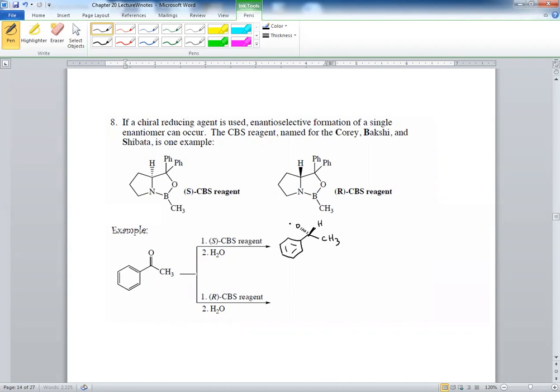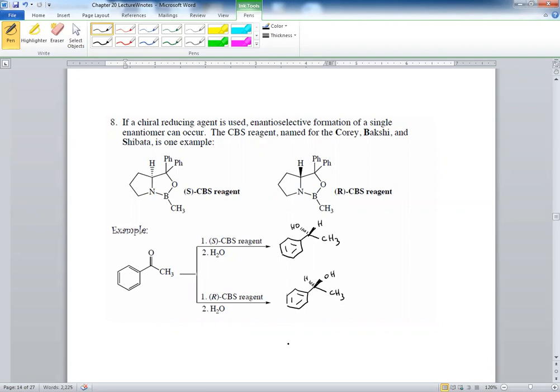Let's say this enantiomer. And if we use the R-CBS reagent, then we will produce the other enantiomer, where now they're switched. So you have the OH now coming out towards you, and the H is moving away.